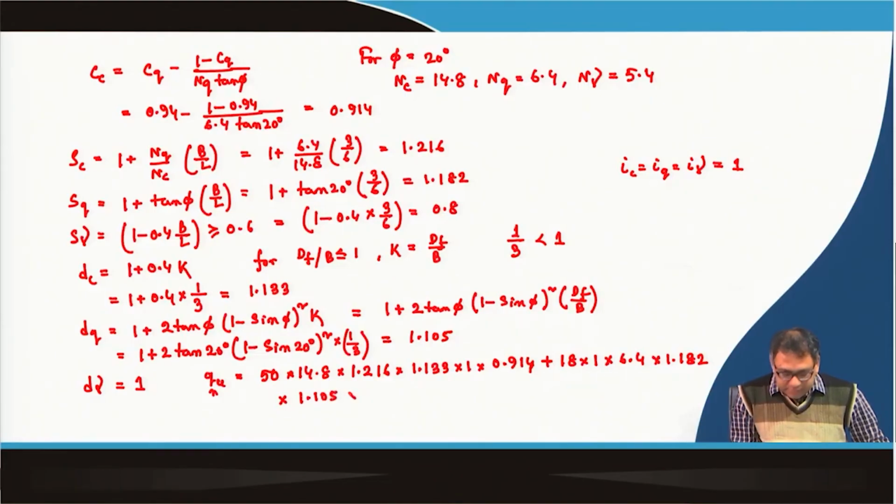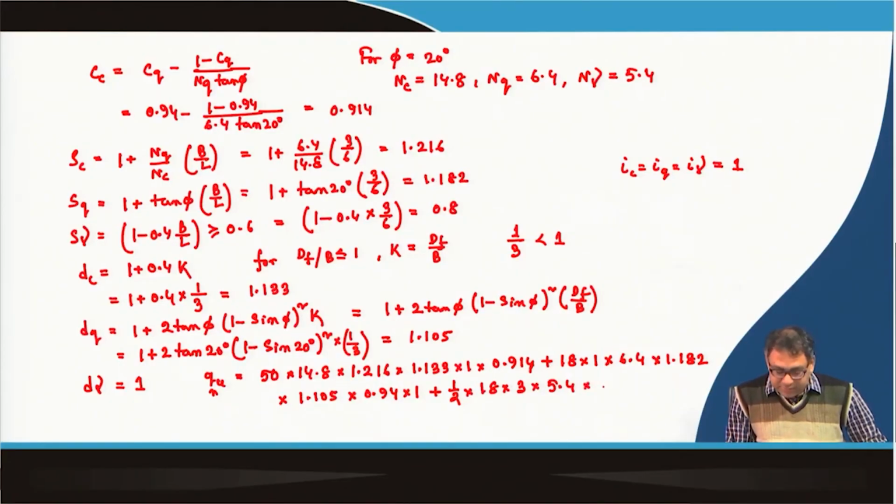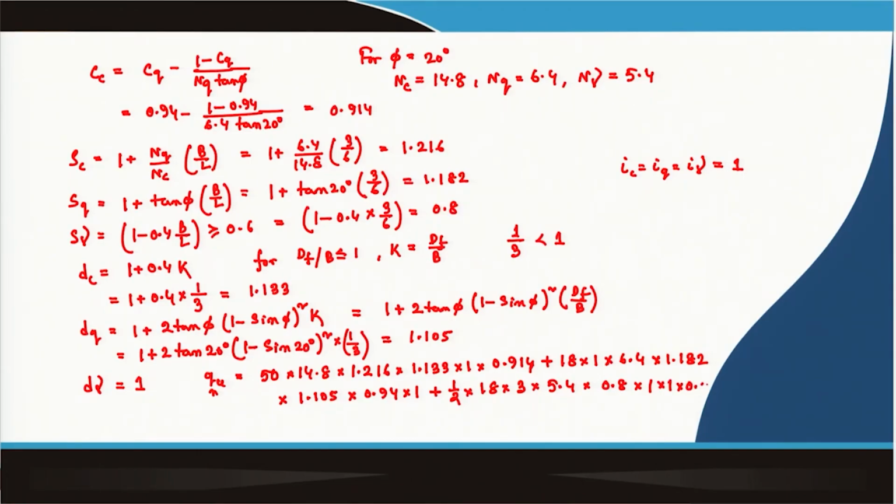And that is 0.94, the compressibility factor, then the inclination factor is 1, then plus half, unit weight is 18, B value is 3, bearing capacity factor is 5.4, then all the factors. S gamma is 0.8, then D gamma is 1, then inclination factor is 1, then the compressibility factor is 0.94.